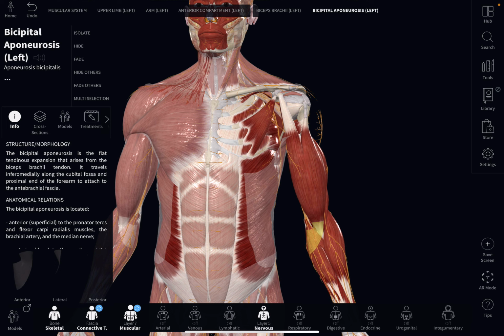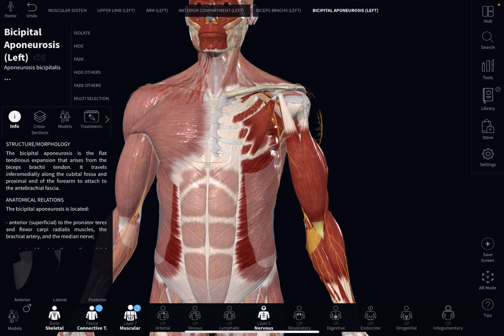So biceps brachii is a powerful supinator, it's a weak flexor of the shoulder joint, and it's a flexor of the elbow joint by spurt action, and best acts in semi-flexed. As far as flexion of the elbow is concerned, it is in supinated position. Best acts in supinated position.